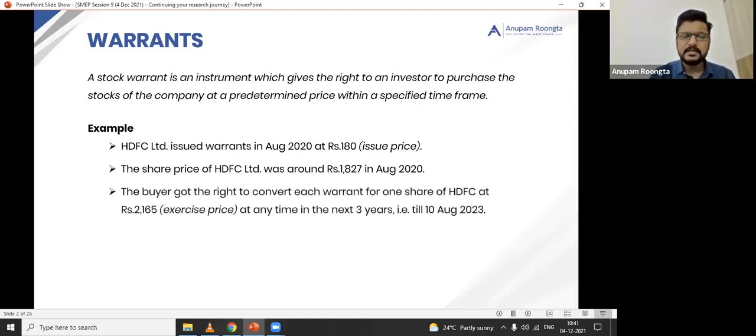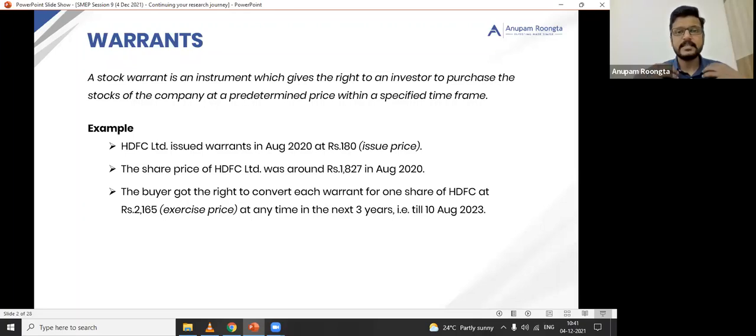Right, now look at this one. The buyer got the right to convert each warrant for one share of HDFC at 2165 at any time in the next 3 years. Let me explain this. Now, I have got a warrant of HDFC Limited by paying 180 rupees per warrant. I have a right and a choice to convert that warrant into a proper share of HDFC Limited, and for that I have to pay a further 2165 rupees per share at any time in the next 3 years.